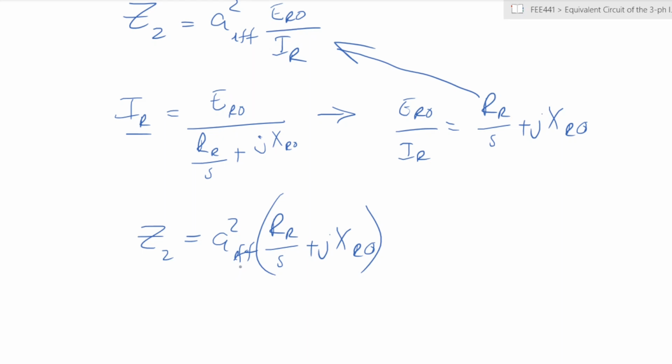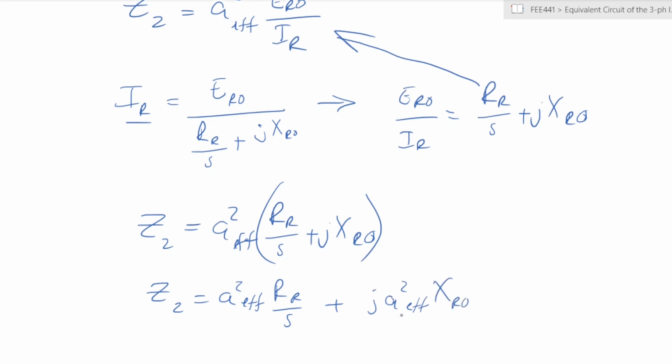So what does this now mean for all of us? You have a Z2, which is equal to, if we split it out, A squared EFF times RR over S plus J A squared EFF times XR0, okay?